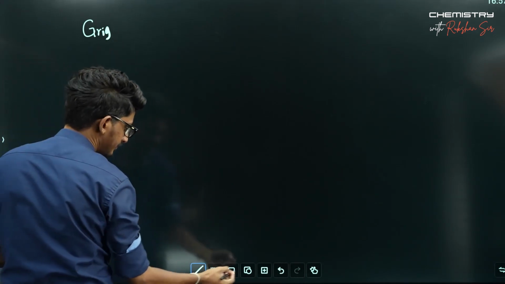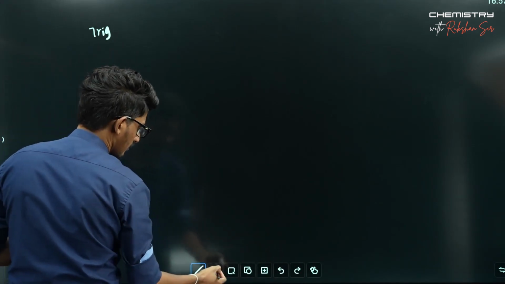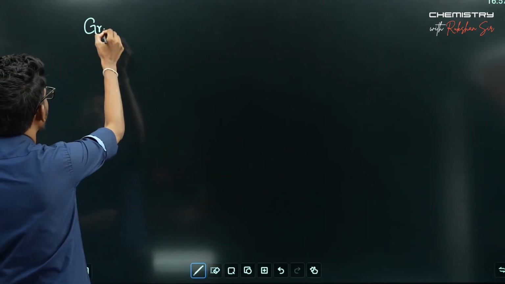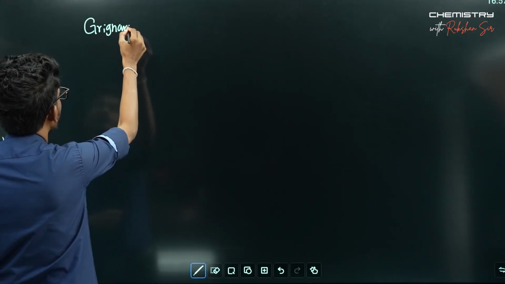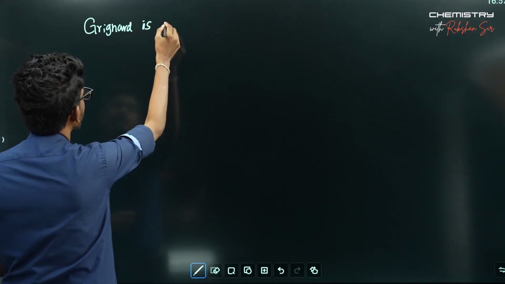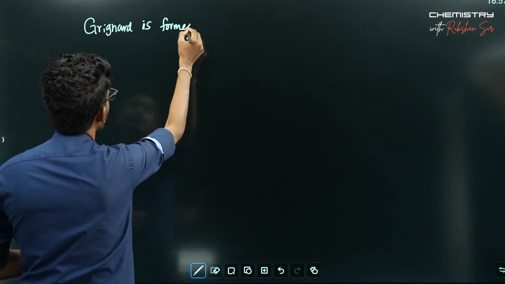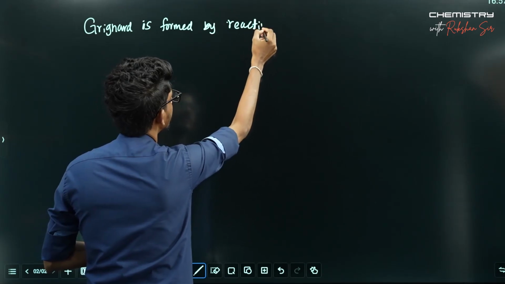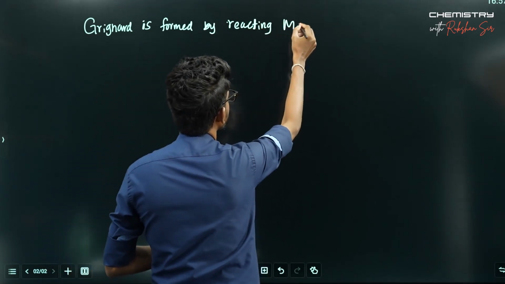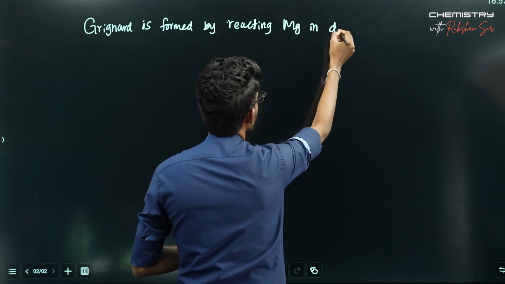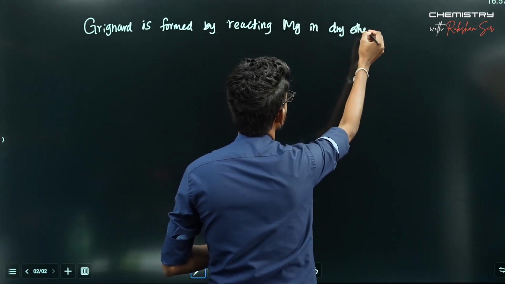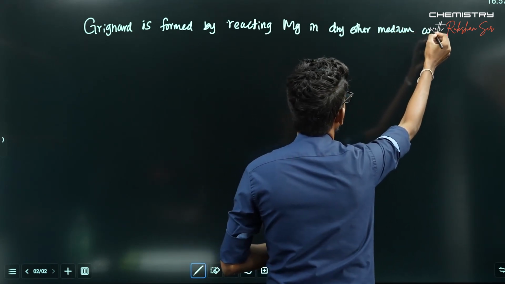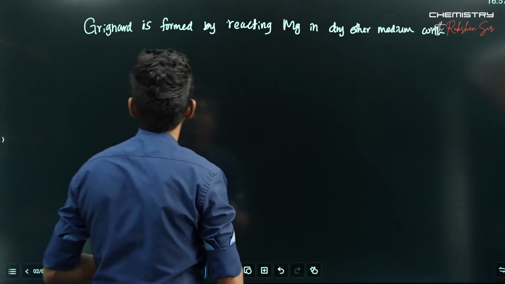Grignard is formed by reacting magnesium in dry ether medium with alkyl halides.